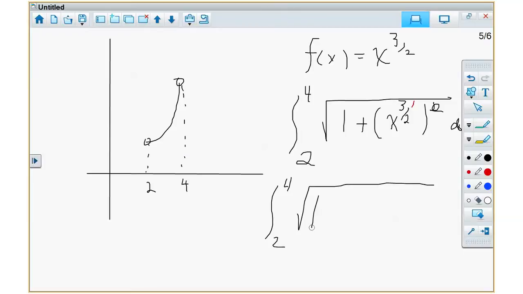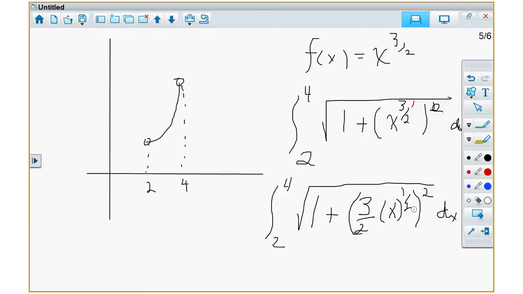1 plus, okay, that'd be what? 3/2 x to the, let's see, 3/2 minus 2/2 is 1/2, right? 3/2 x to the 1/2, and that is raised to the 2nd power dx. And then, of course, that squares this to what, 9/4?